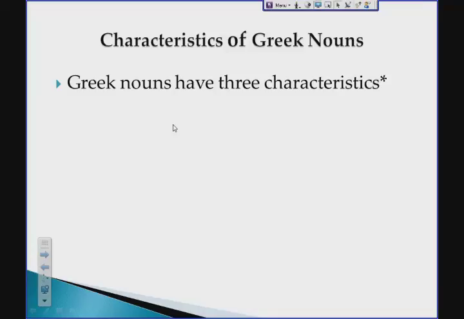Greek nouns have three characteristics. Can you tell me those characteristics? You did this last week. Someone out there, can you help us?